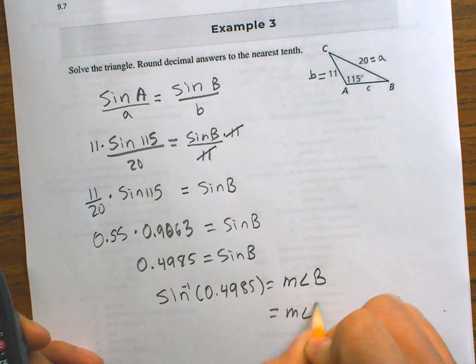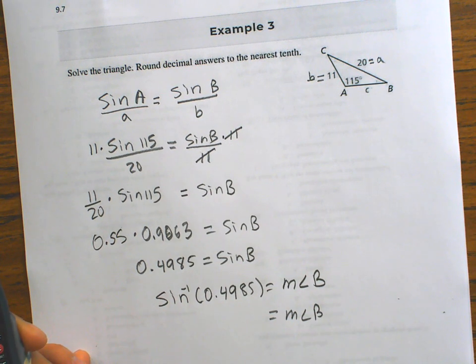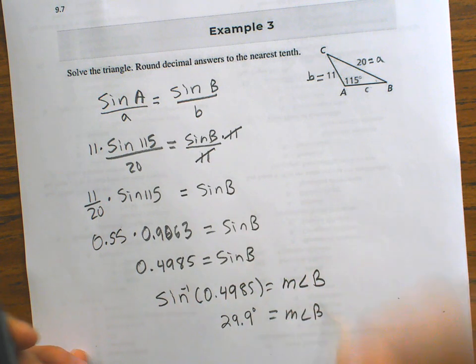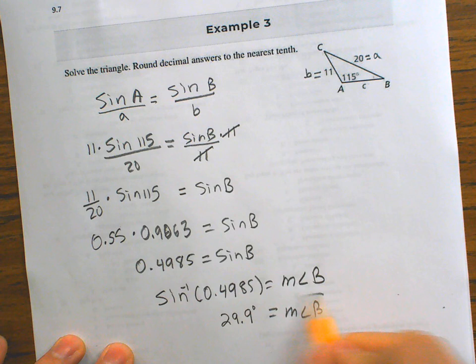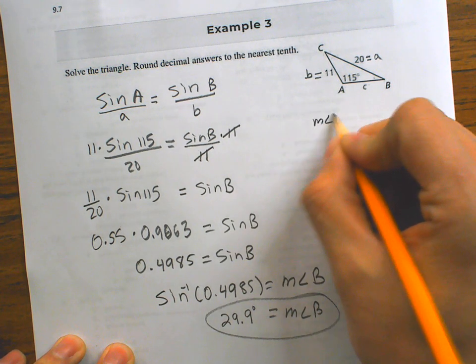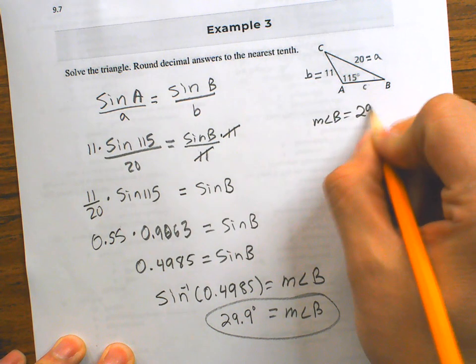So the measure of angle B, according to my calculations, to the nearest tenth, is 29.9. So it's about 30 degrees. This is because I did a couple of approximations. Let's just say it's about 30. Now let's leave it 29.9. So the measure of angle B equals 29.9.